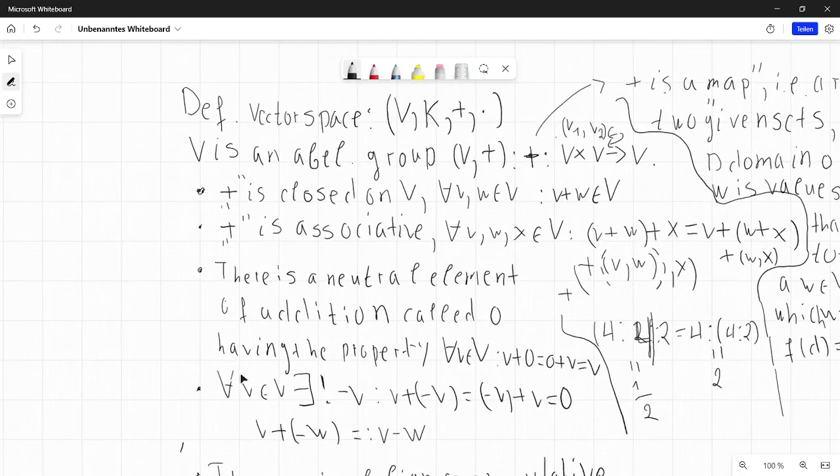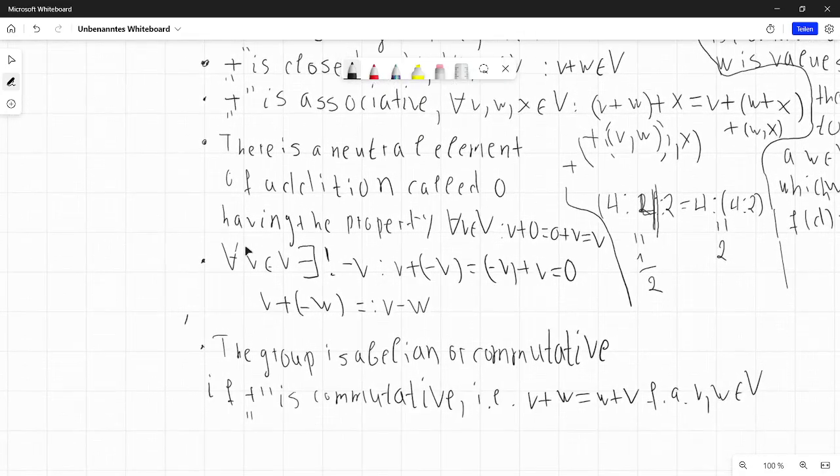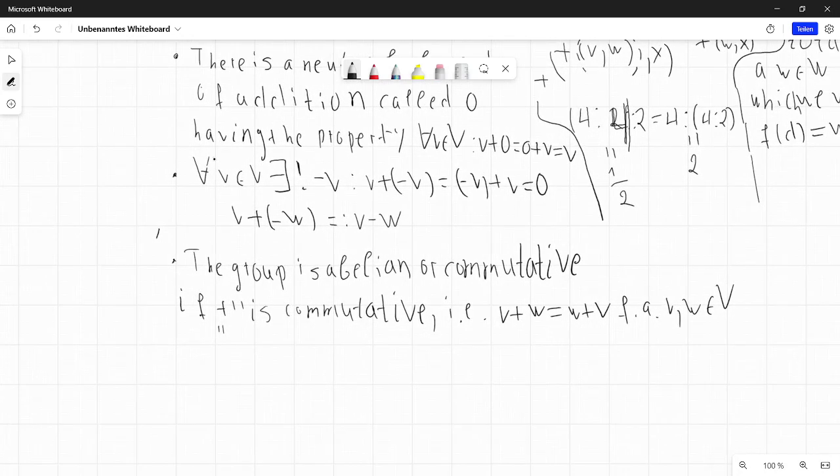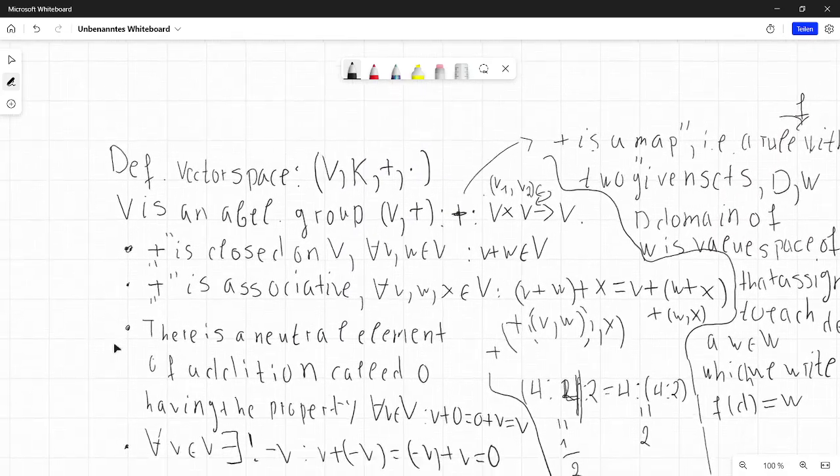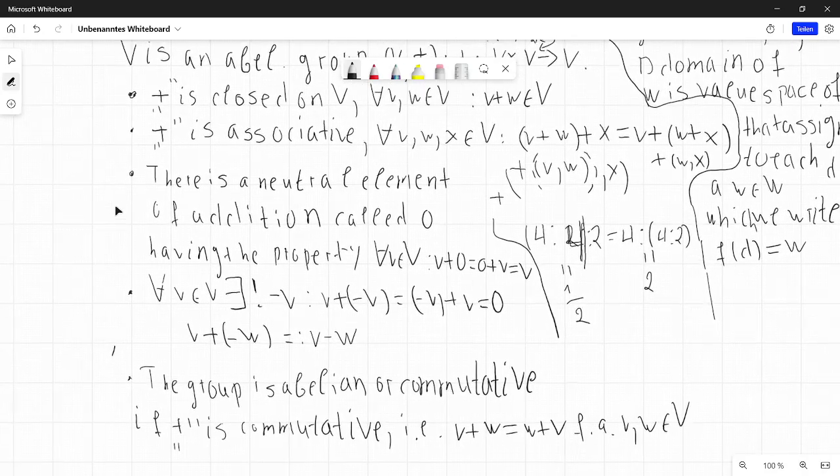But this is not all for a vector space. For some reason, we have also our field, and that's not for nothing. That was: V is an abelian group.